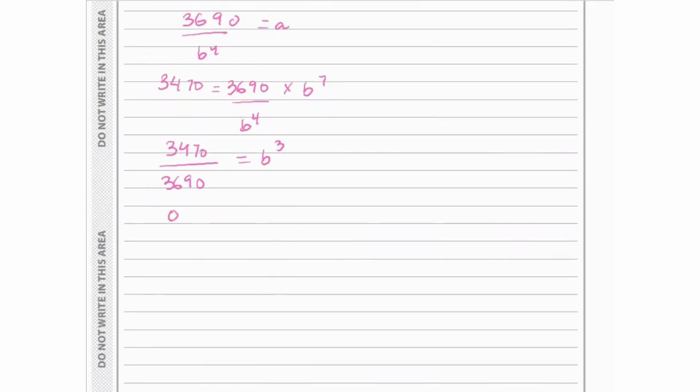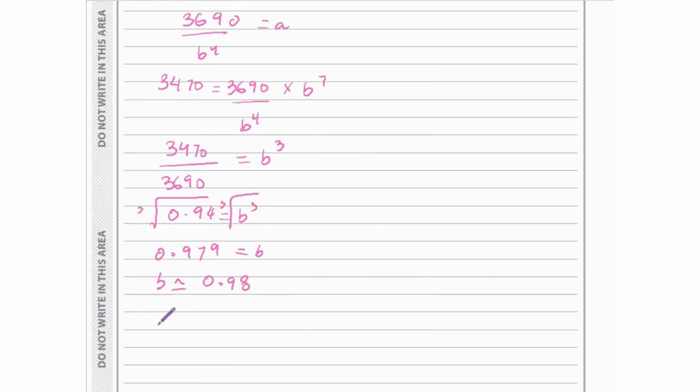So 0.94 is equal to b cubed. Cube root both sides, and that gives us a value of 0.979 as b. Round that up to two significant figures, and that's going to be 0.98.